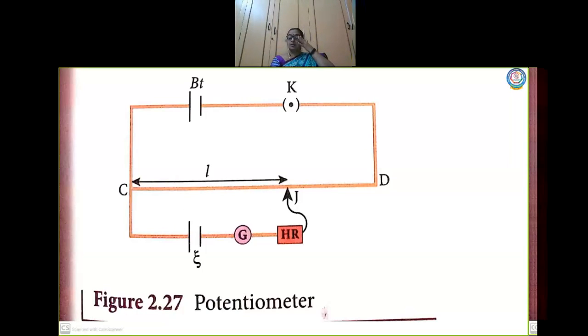To start with, let me tell you the main use of the potentiometer. It is used to measure potential difference or voltage, current and resistances. So the main use of the potentiometer is to measure potential difference.